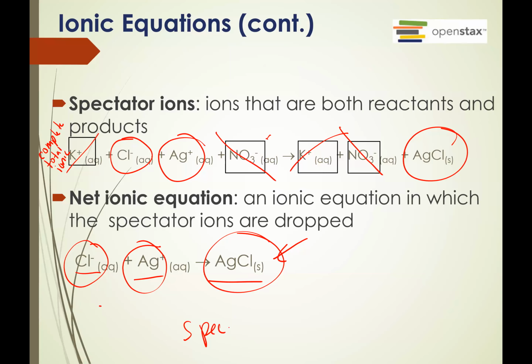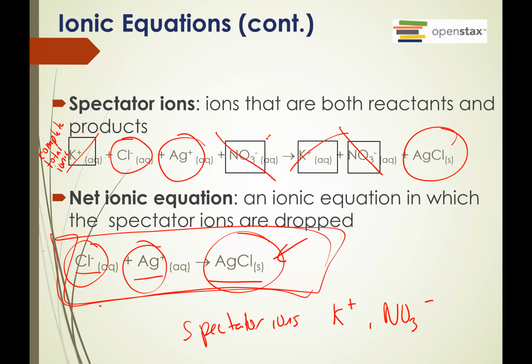Our spectator ions would be K plus and NO3 minus. They're spectators, just like if you were going to watch a sporting event or a concert, you're a spectator. These ions, potassium and nitrate, are not actually involved in the reaction. What's actually happening here is the net ionic equation.